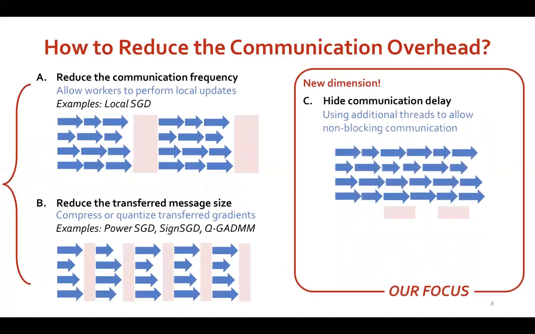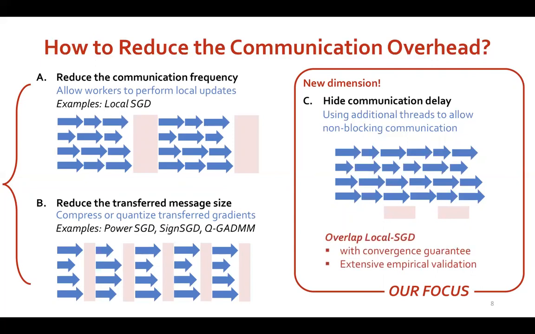I mean that we come up with ways in which we can overlap the local computation and the communication so that workers can continue doing local updates without waiting for this communication or model aggregation step to finish. And Overlap-Local-SGD, which I'm going to explain in the next few slides, is a method that achieves this.